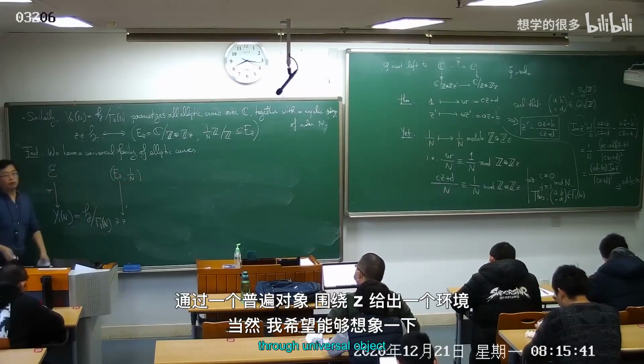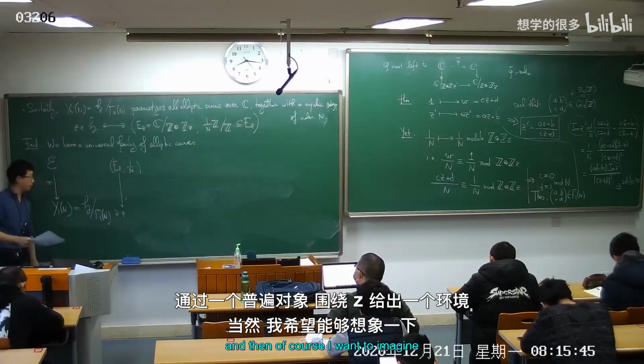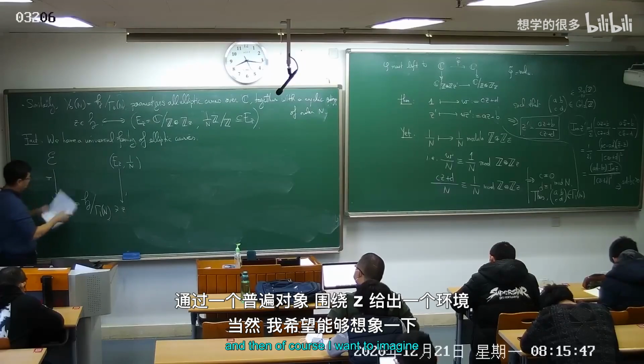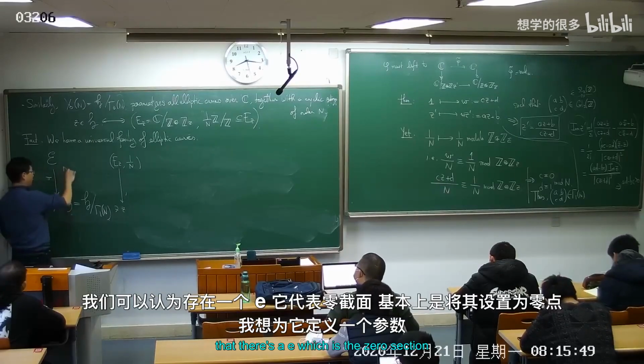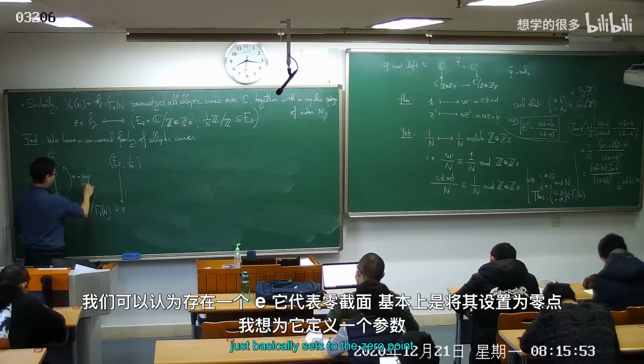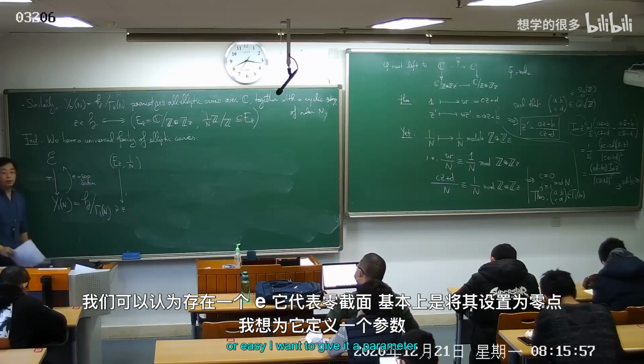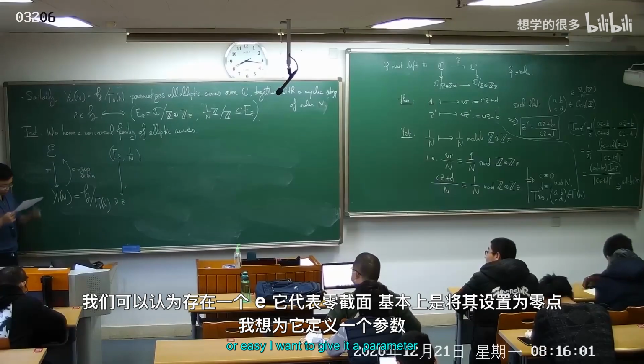You have some sort of universal object, and over Z it is given by 1 over n. And then, of course, I want to mention that there's the 0 section, which just basically sets to the 0 point over Z. I want to give it a parameter.